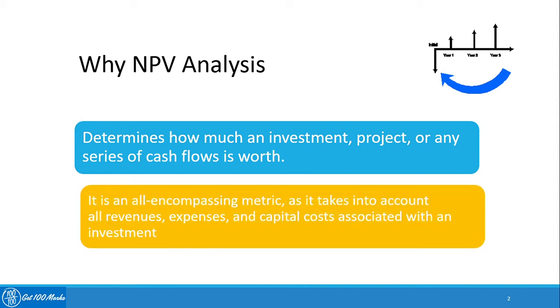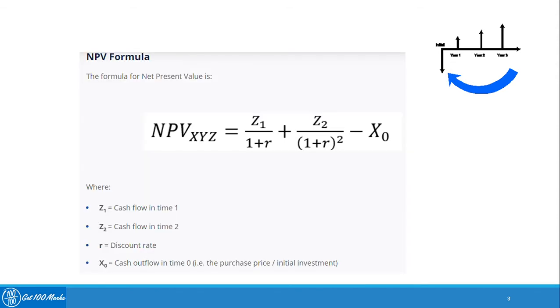It's an all-encompassing metric because it takes care of revenues, expenses, and all capital costs associated with the investment, because the cash flows that we consider here are the free cash flows which the company has. Those free cash flows are after all kinds of expenses and costs have been taken care of. That's why we say it's an all-encompassing metric.